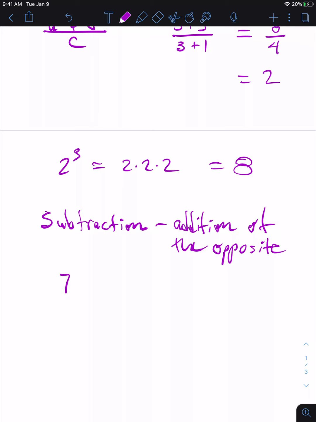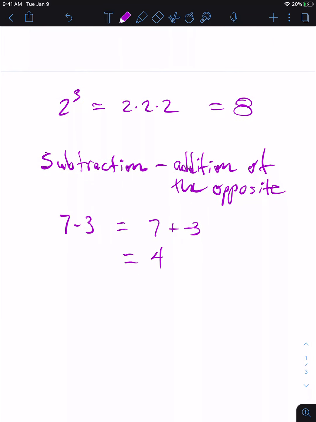So if you had an expression like 7 minus 3, that's the same as saying 7 plus negative 3, because that's addition of the opposite of the second argument, which is 3. So the opposite of 3 is negative 3. So if I say 7 plus negative 3, that's a subtraction, and that's just 4. Well, that's pretty simple.